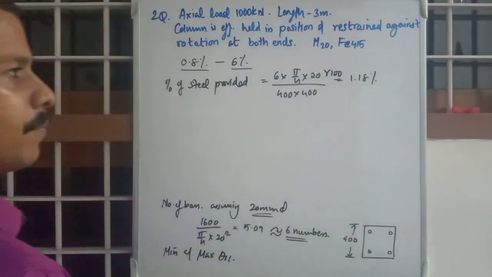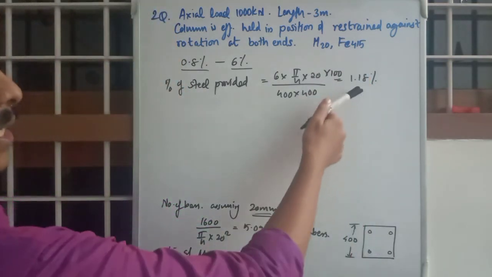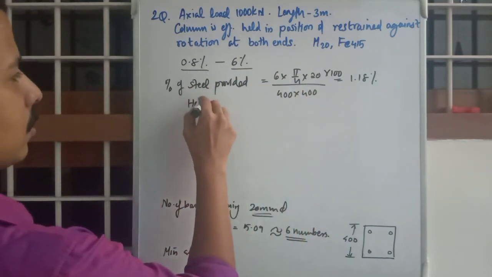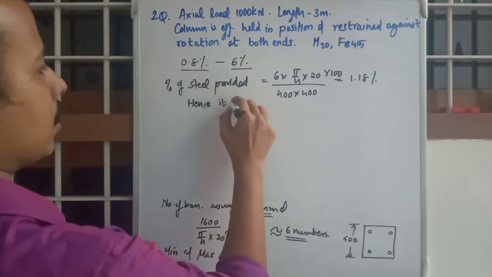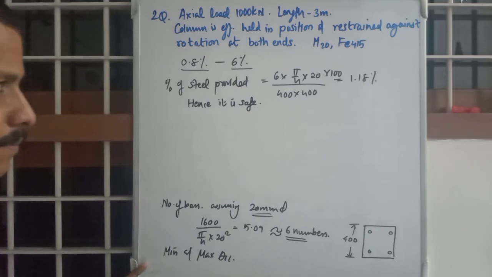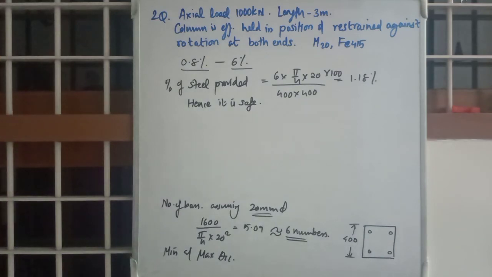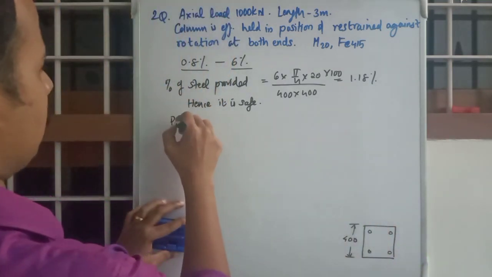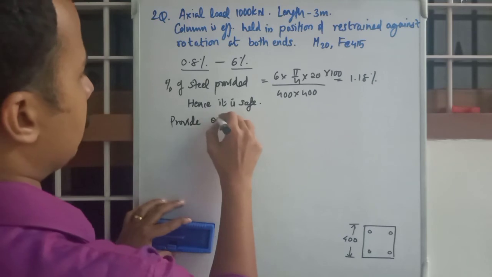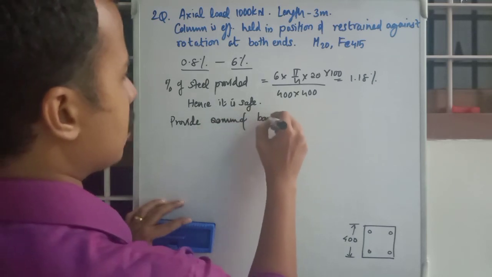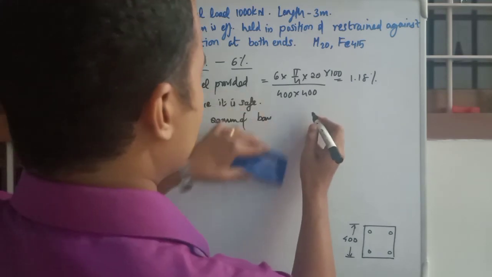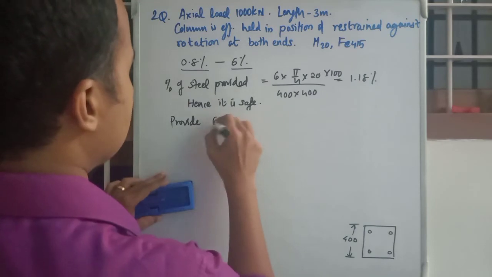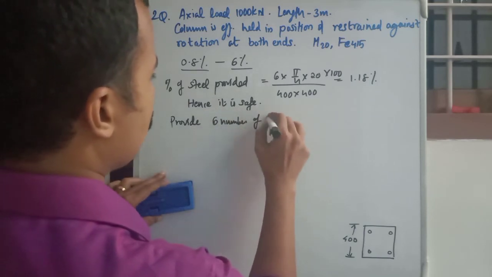It is between 0.8 and 6, hence it is safe. So as a result, provide 6 numbers of 20 mm dia bars.